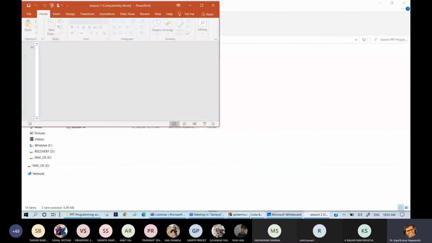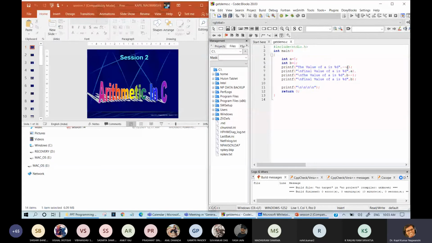Increment or decrement operator. Last time we had seen that minus minus A is working correctly, but whenever we are writing A minus minus plus A minus minus, for this purpose there is another solution. Let us understand what is the meaning of this. Suppose A's value is 5 and B's value is 1. Then in this statement, it will increment or decrement.